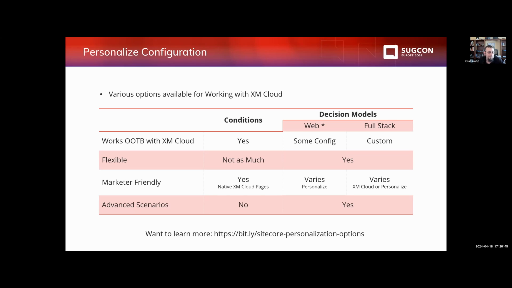They are great for very simple use cases where you are trying to personalize based on simple data needs. But if you need to pull in a connection or use a decision model, then they're not necessarily the best fit.